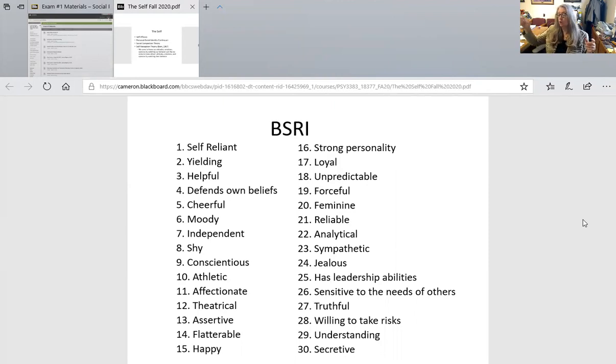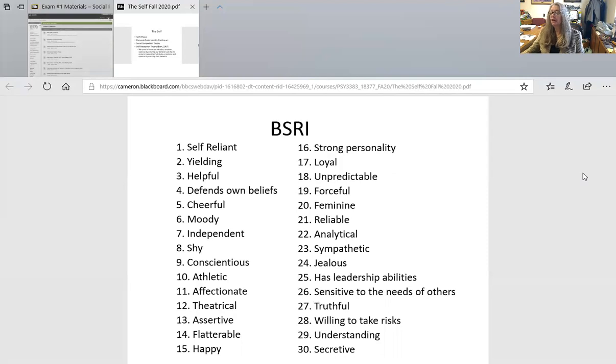If you're always or almost always self-reliant, you'll give yourself a 7. So where are you on that continuum? On your piece of paper, right next to the number 1, put that rating of 1 to 7. Then you're going to do that for the rest of these 30 adjectives. So stop the recording now and go through these 30 adjectives.